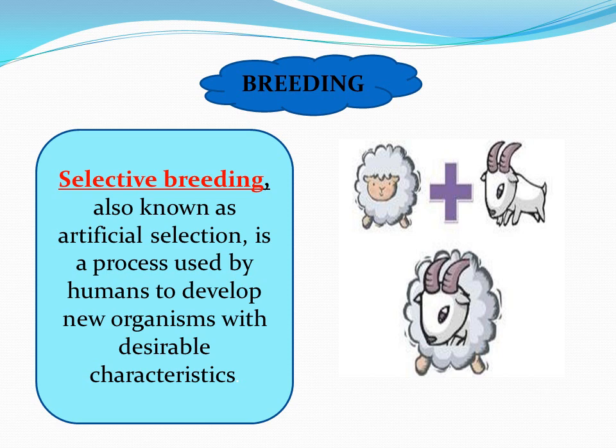As you can see in the third picture, this new sheep which we get after breeding contain both the horns as well as the wool. So, this sheep is produced by the selective breeding.